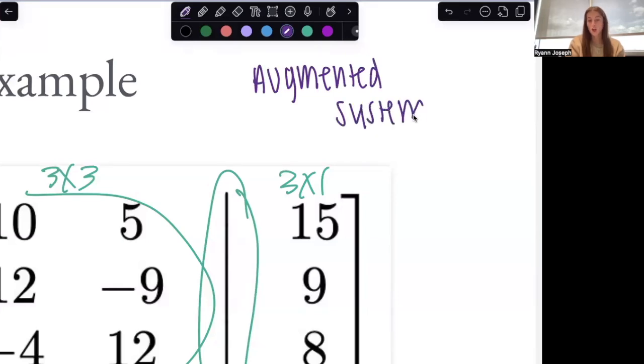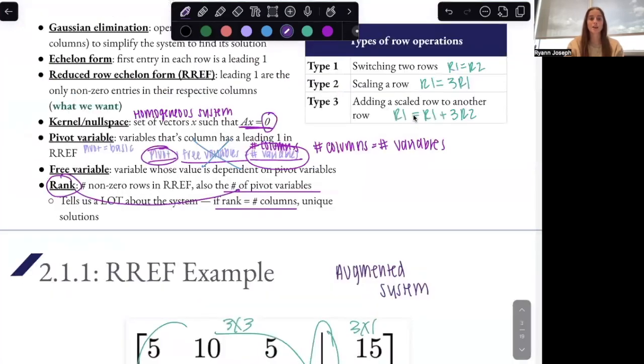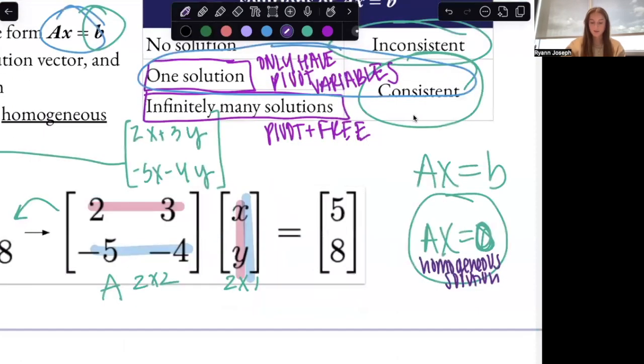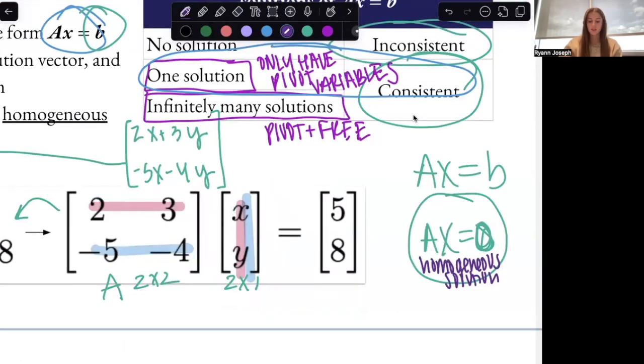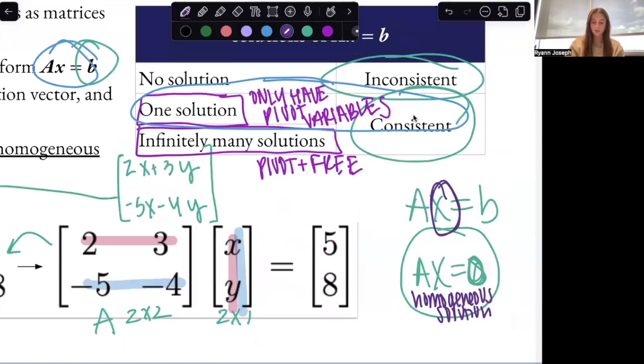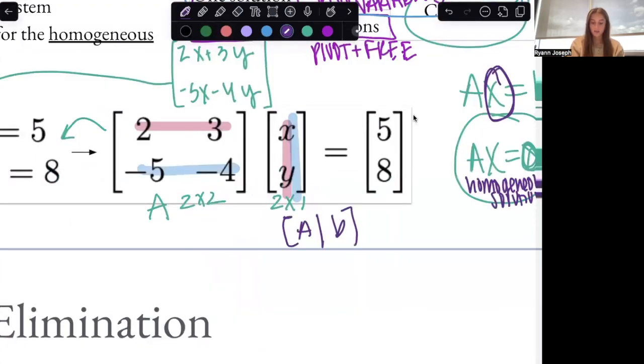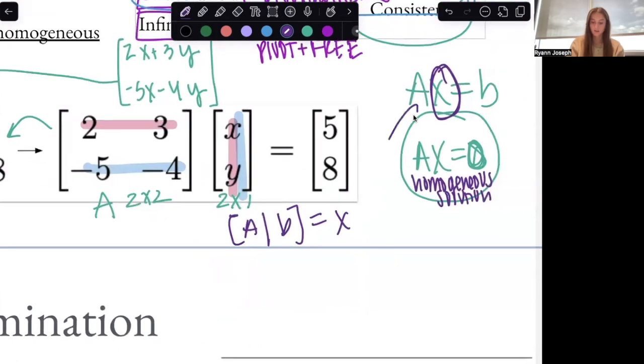What that means is, back when we talked about how we represent systems of equations, we have Ax equals b. The way that we solve it is that we want to solve for x, and we do that with A augmented with b. These two things tell us the same information.